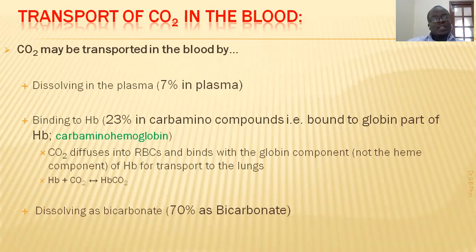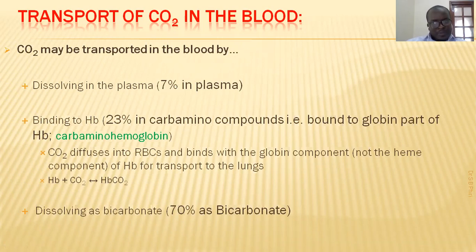First, carbon dioxide dissolves in plasma, about 7%, so it is transported as dissolved carbon dioxide in plasma. Then 23% of carbon dioxide binds with the hemoglobin.